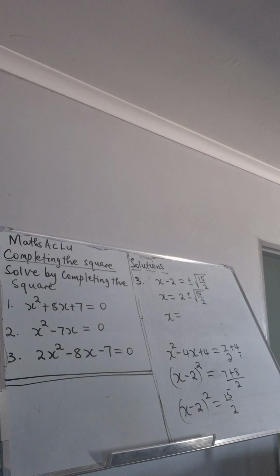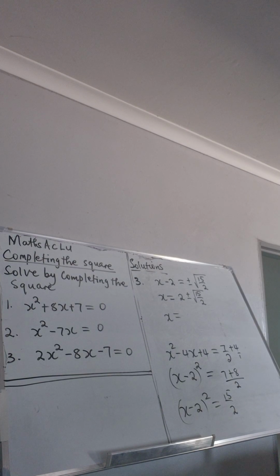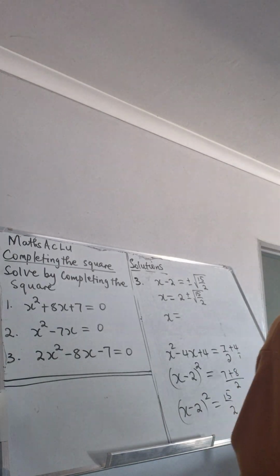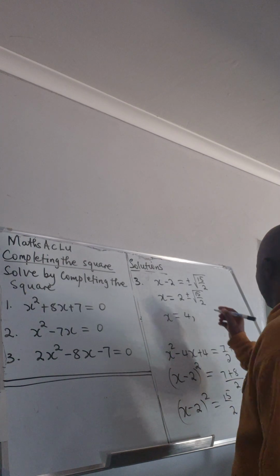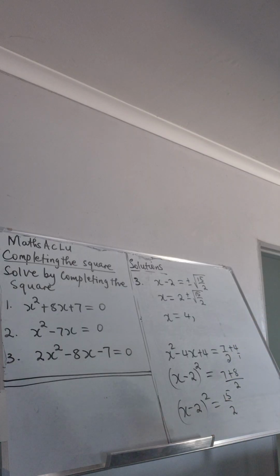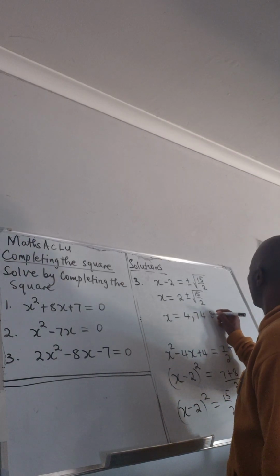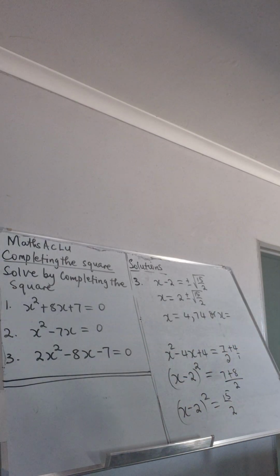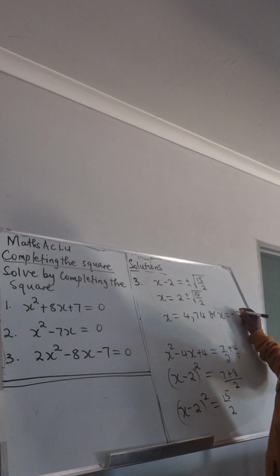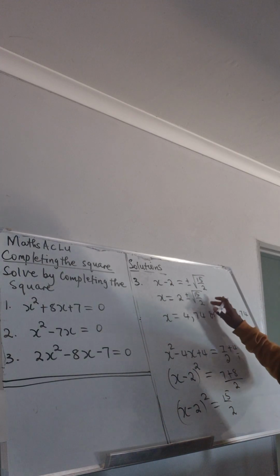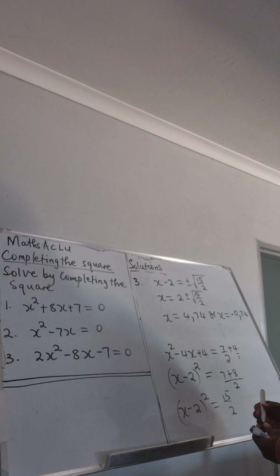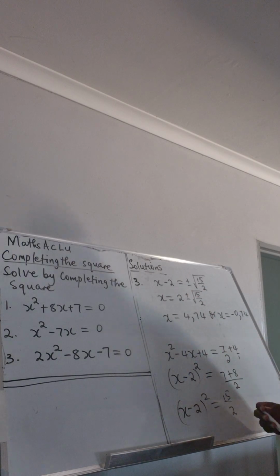Then you will find that your solution, if the question says round off to 2 decimal places, after manipulating with your calculator, you find that x equal to 4,74 to 2 decimal places, or x equal to minus 0,74. Right. After working out here with the calculator, you see that these are your 2 solutions.